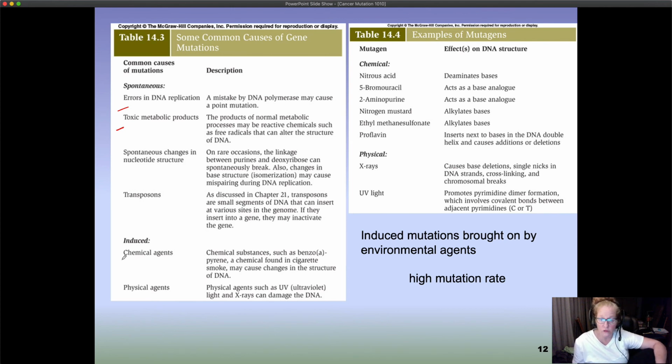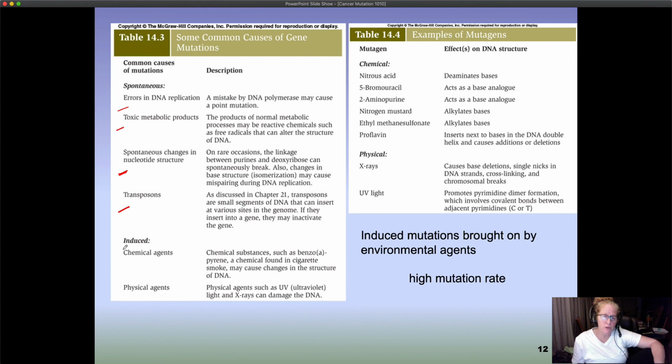These are what we sometimes call free radicals that we produce in our own cells, and if they're not neutralized quickly, they can actually get into the nucleus, react with DNA, and cause mutations. Sometimes there are spontaneous changes in the actual structure of a nucleotide. Maybe the hydrogen bonds are not forming quite properly, or during replication or transcription, that particular base got altered somehow in its actual structure. UV light can do that as well.